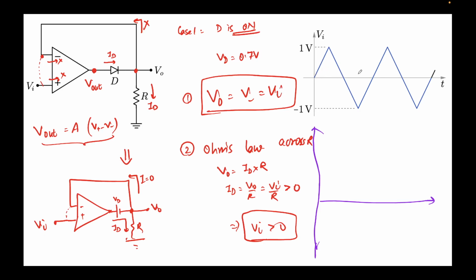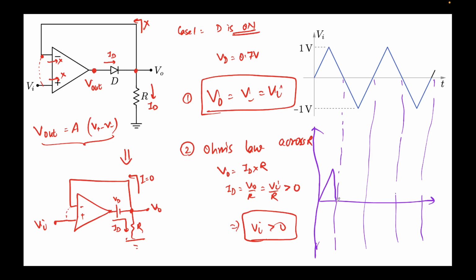This is VI positive till this region, and again from here to here. Only for the positive half cycle of Vi will Vout be the same as Vi. So it will look something like this, then go down to 0, then go something like this, and again go down to 0. So this is Vout as a function of time.